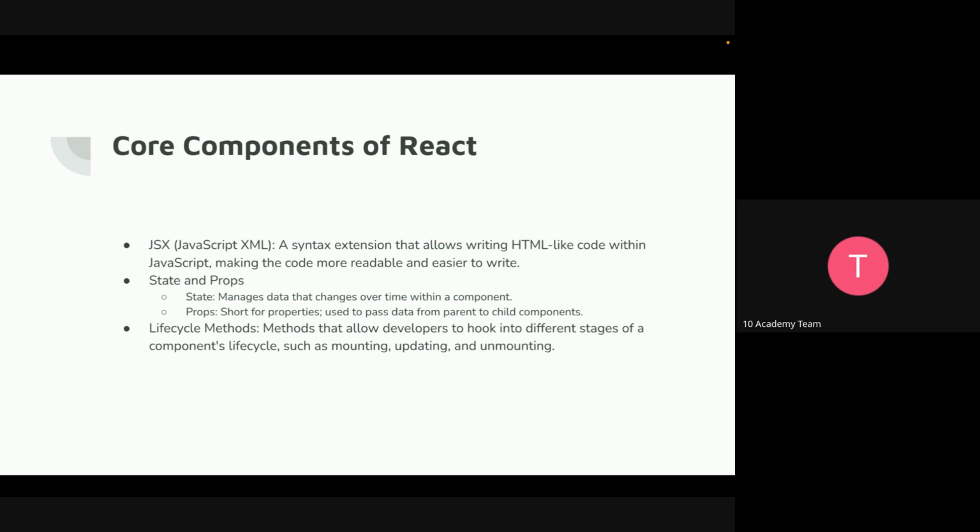Core components of React: JSX, or JavaScript XML. This is a syntax extension that allows writing HTML-like code within JavaScript. When you create your React application, it will ask you which language you want to use: either TypeScript or JavaScript.